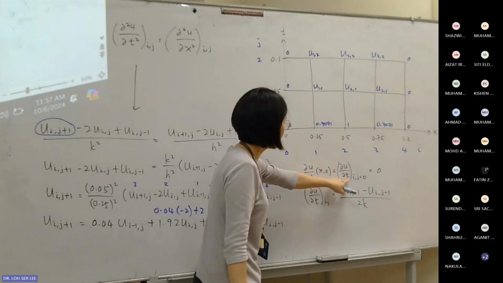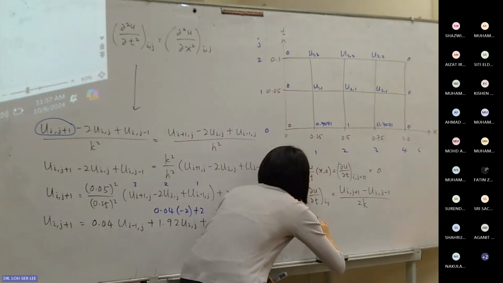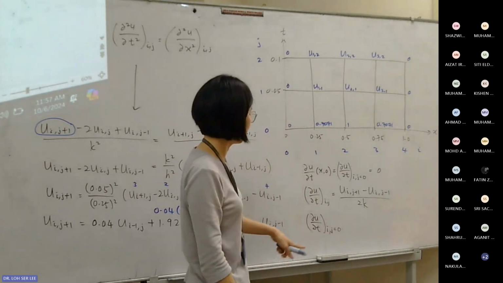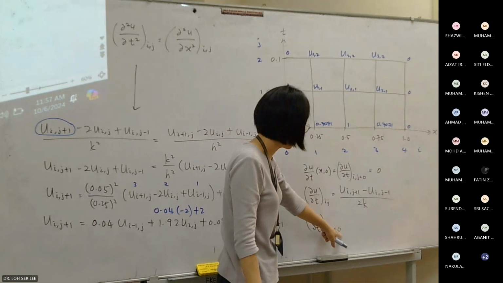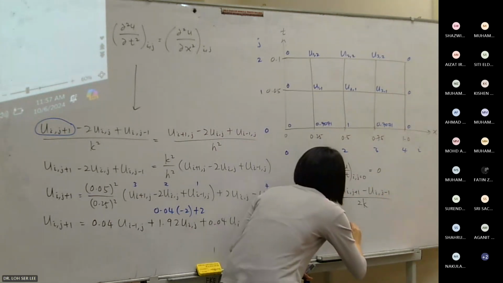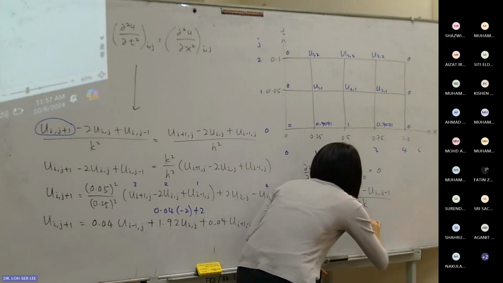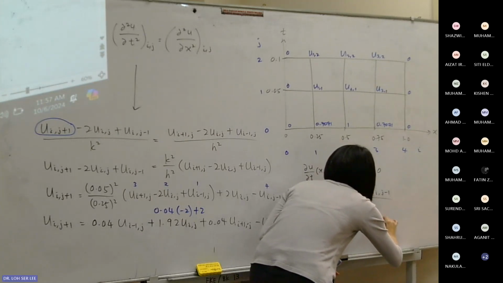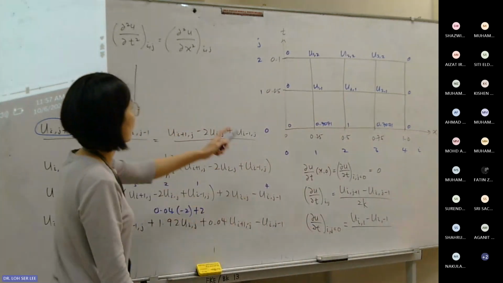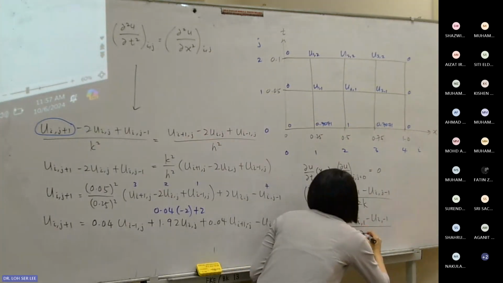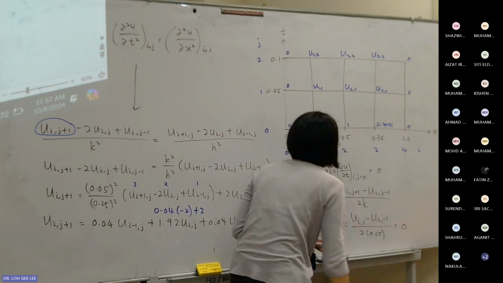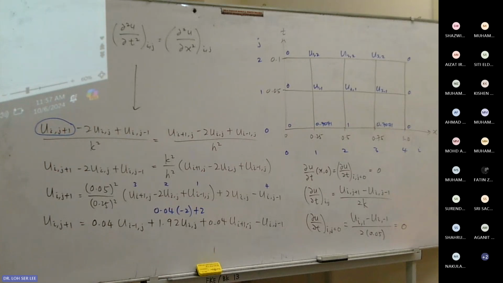But what we want is del u del t at i, but j equals to 0. Okay, what we want is j equals to 0. This one equals to 0. This one also equals to 0. u i 1 minus u i negative 1. Okay, substitute your k, 0.05. But this is equal to your initial velocity, which equals to 0.